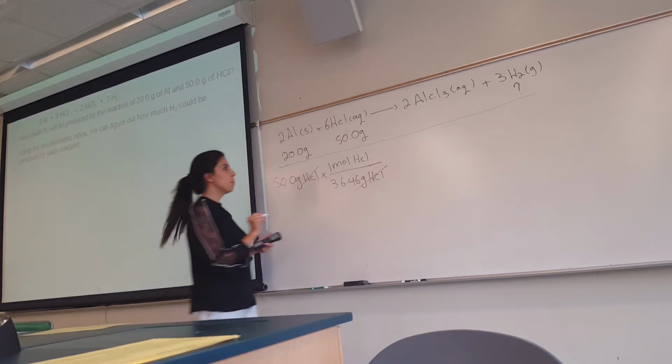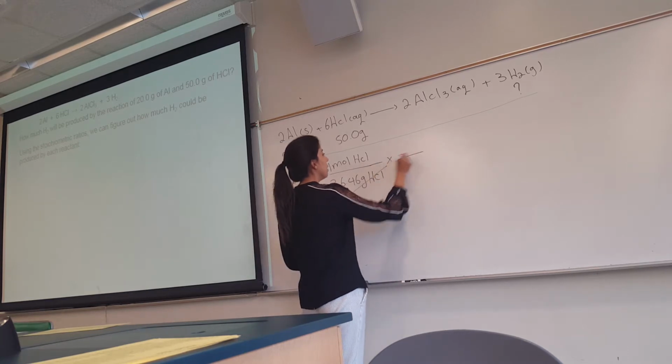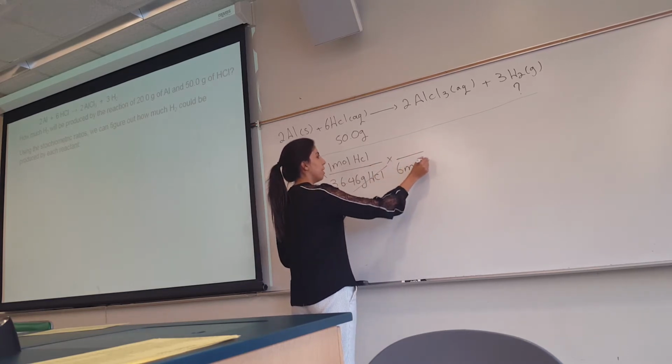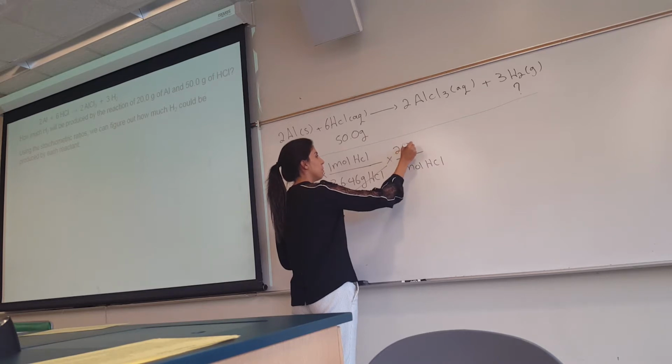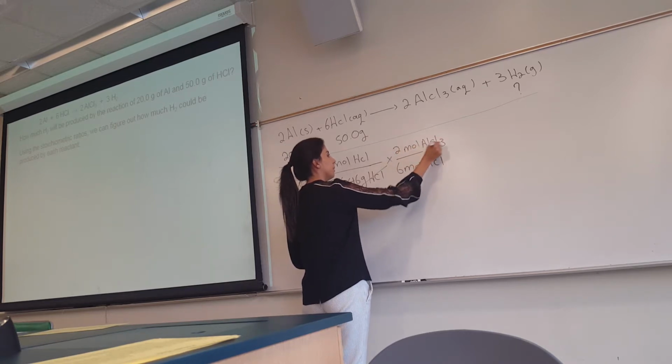So I convert first to moles, and then based on the balanced reaction, each 6 moles of hydrochloric acid gives you 2 moles of aluminum chloride.